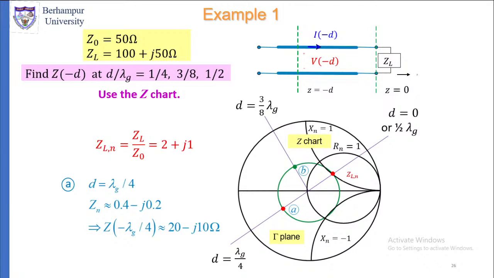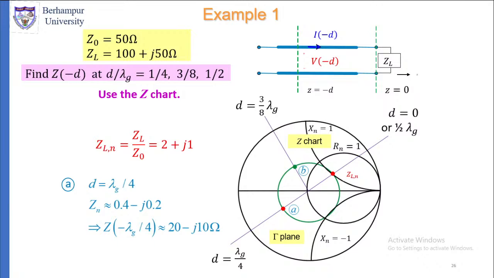Now we have found this point ZLN, the normalized Z point. And the first question is, what will the impedance be after d by lambda g is equal to 1 by 4, or d is equal to lambda g by 4? Now how do you find out d is equal to lambda g by 4? What is that distance?